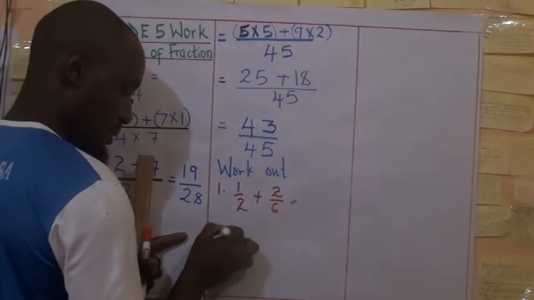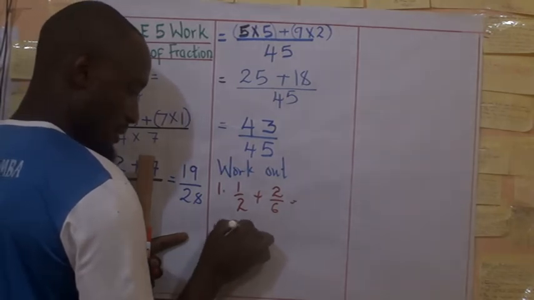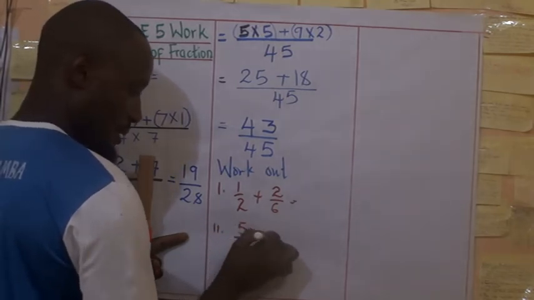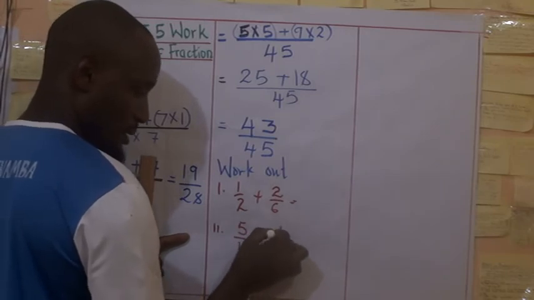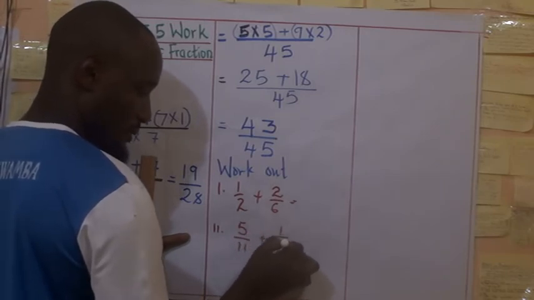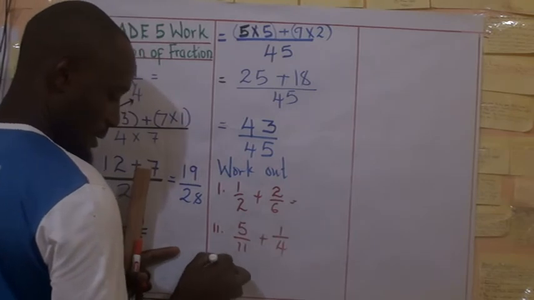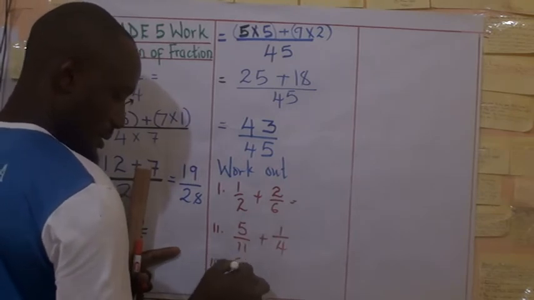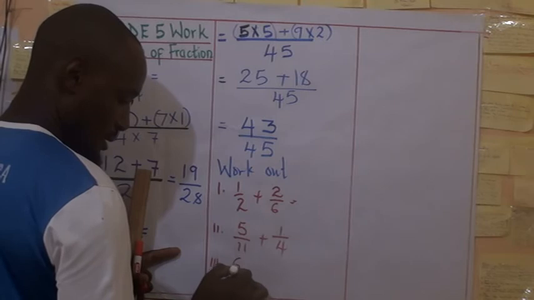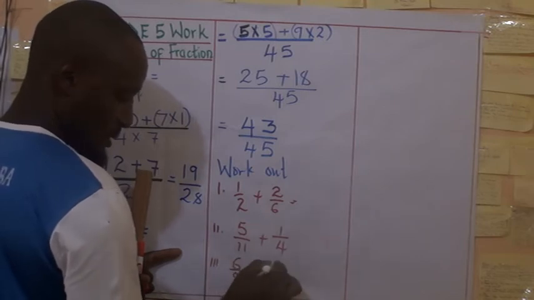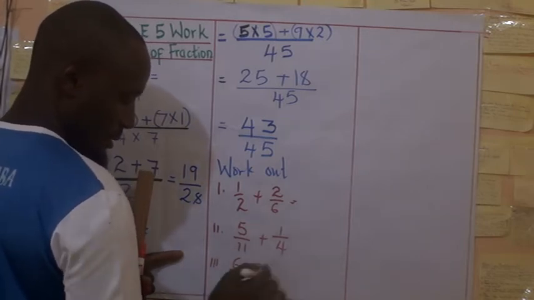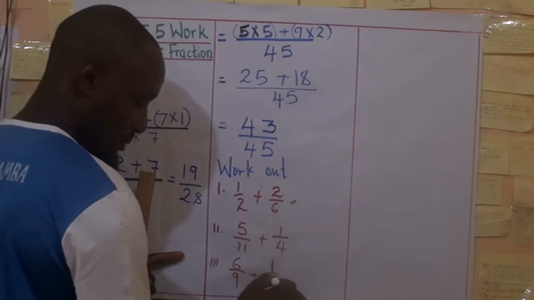Number 2, 5 over 11 plus 1 over 4. Number 3, 6 over 9 plus 1 over 3.